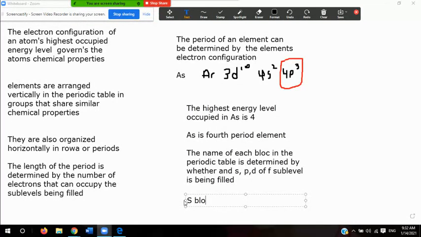S block elements are usually reactive metals and are, like I said, in group 1 and group 2.